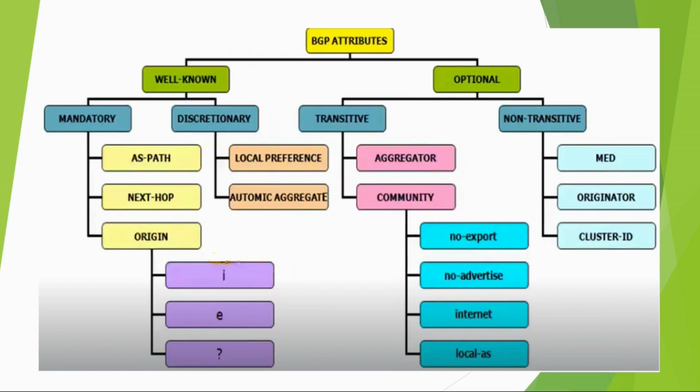So those are the first two classifications, and we can subdivide these into two types. The well-known can be classified into mandatory and discretionary. Well-known mandatory means it will be recognized by every router, and it should be present in each and every BGP update sent between BGP peers.